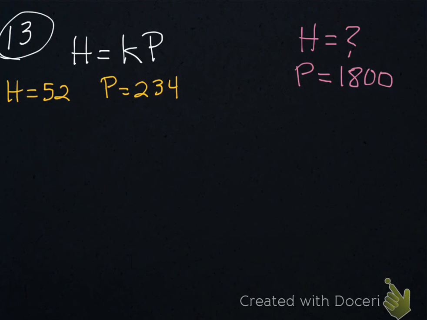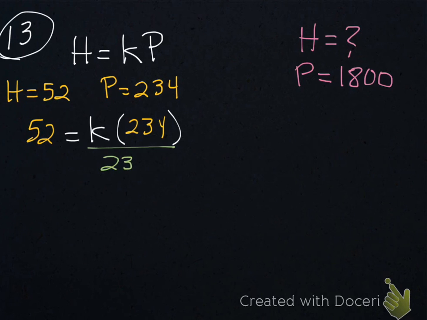Alright, so let's figure it out, plug it in. So again, we're multiplying. My people is 234. My hot is 52. We're going to have to divide by that 234 on both sides to find the K. I wonder if it's a fraction. Let's use a decimal on this one.